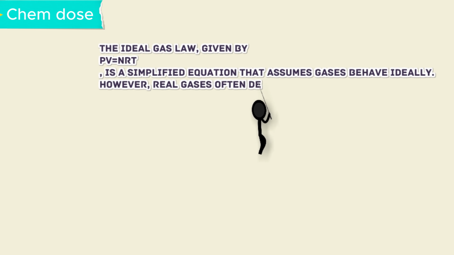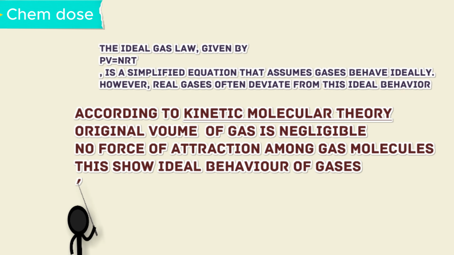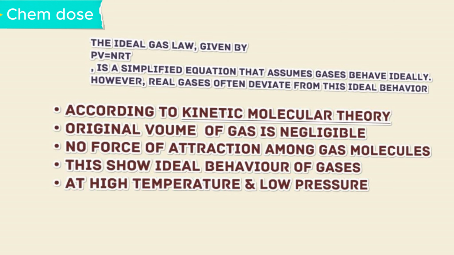We know that the ideal gas equation, PV equals nRT, is a simplified equation that assumes gas behaves ideally. However, real gas often deviates from ideal behavior because, according to kinetic molecular theory, the original volume of gas is negligible and there is no force of attraction among gas molecules.